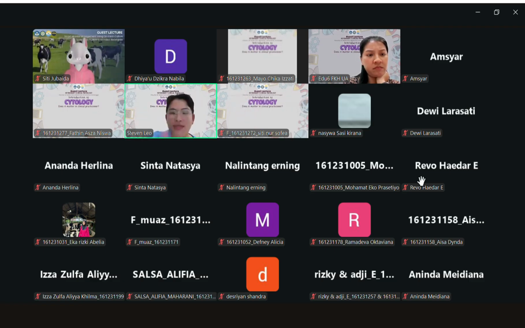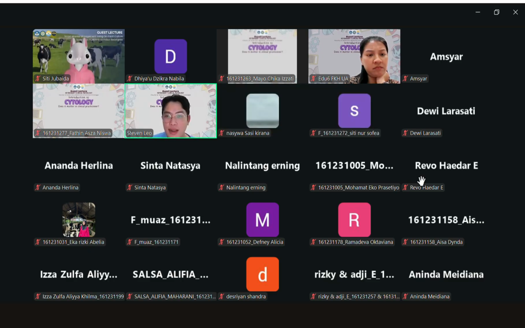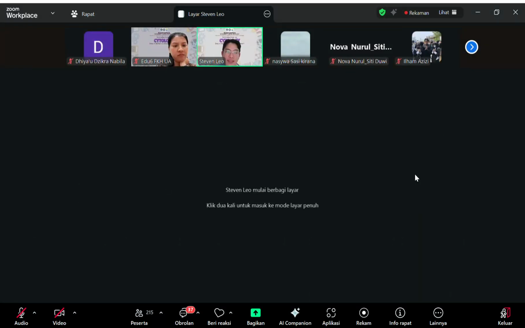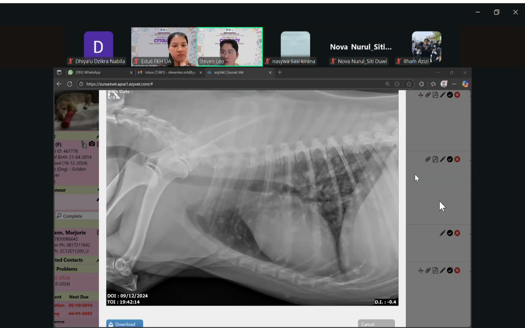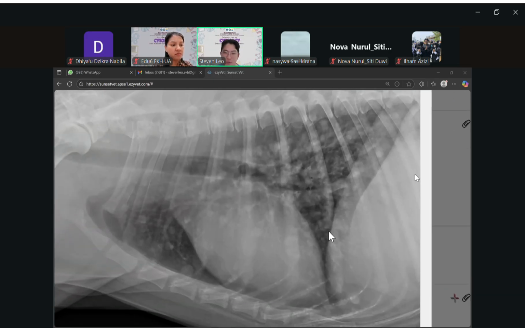I suggested cutting the nasal planum, but the owner didn't want to because they were so afraid, until a few months later it spread to the lung.